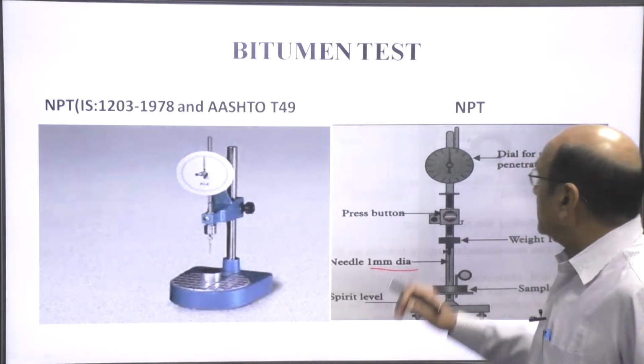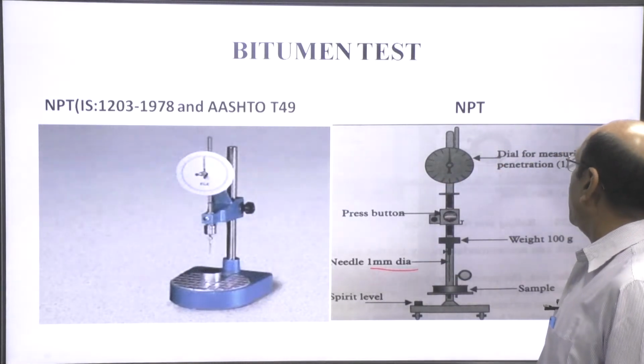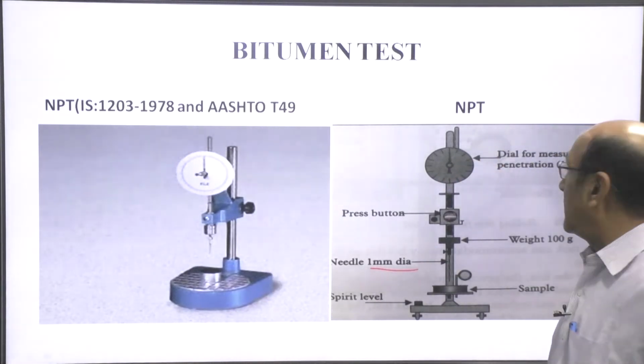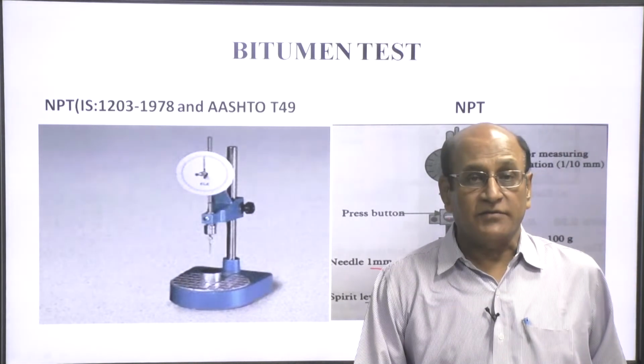The dial gauge then represents the penetration value in 1/10 of a millimeter.